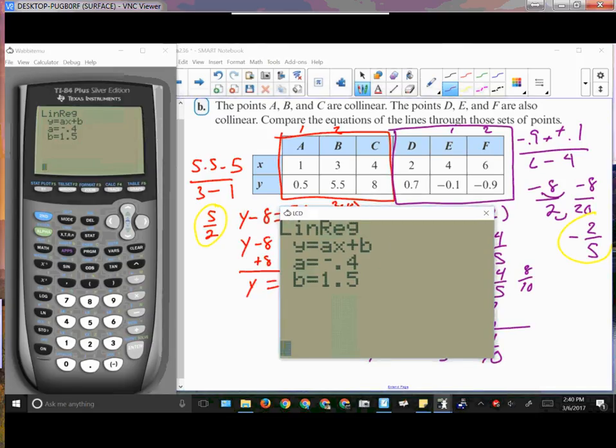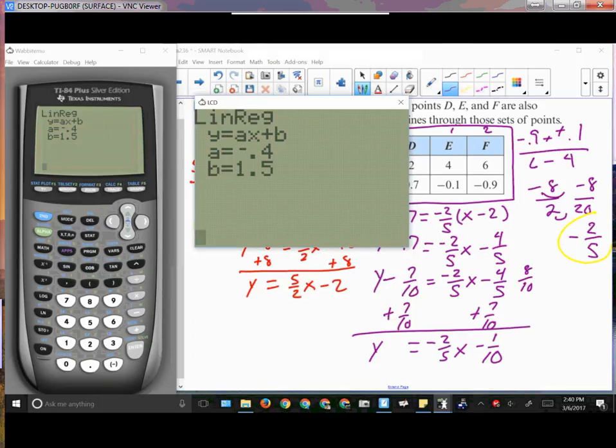Let's see, did it work out for me? 2/5, oh yeah, that'd be negative 0.4. Ooh, 1.5, 10. Something I messed up there, didn't I? Where would I have messed up?